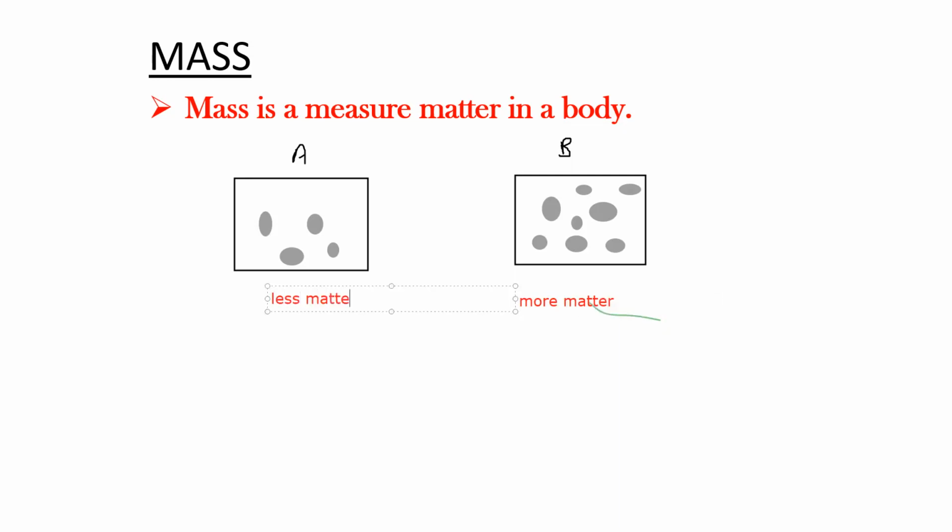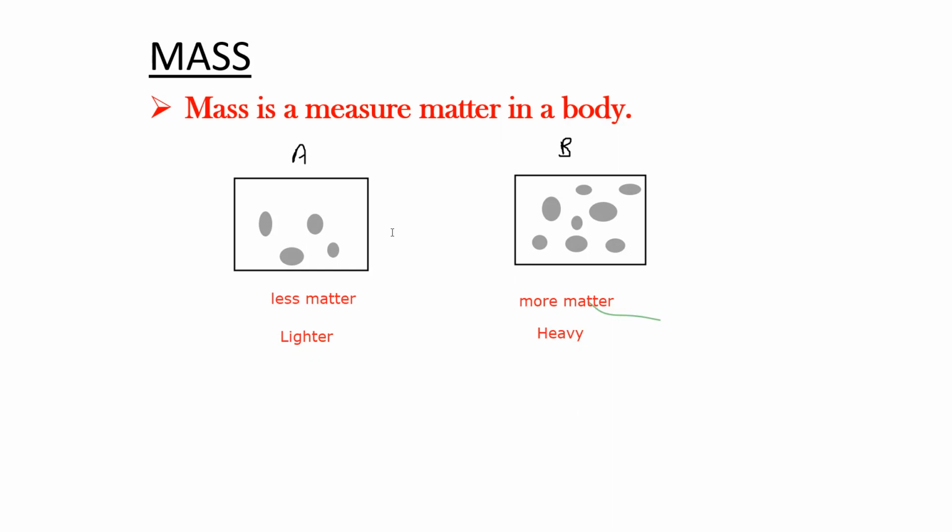So when we compare the mass of the objects, which object will be heavy, A or B? So object B will be heavy and object A will be lighter. So a simple concept of mass: it is the amount of matter.